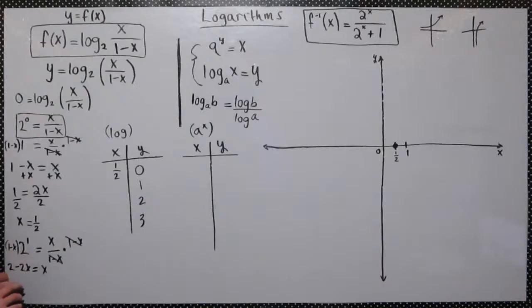So we have negative 2. Let's add 2x to both sides, and that's going to give me 2. And let's see, 3x divided by 3. We get x equals 2/3.